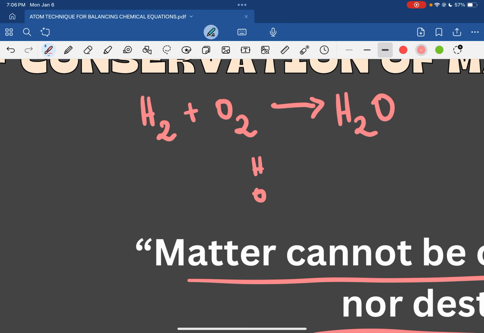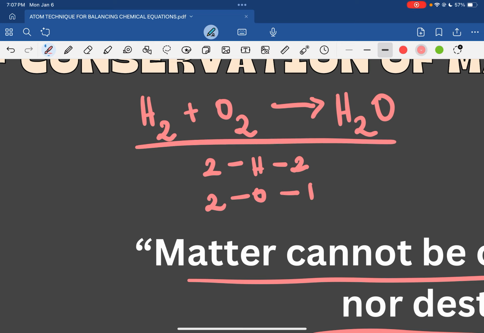As you can see in our reactant side, there are two atoms of hydrogen and two atoms of oxygen. But if we look at the product side, we have two hydrogen atoms, but we only have one oxygen atom. So this is an unbalanced chemical reaction.